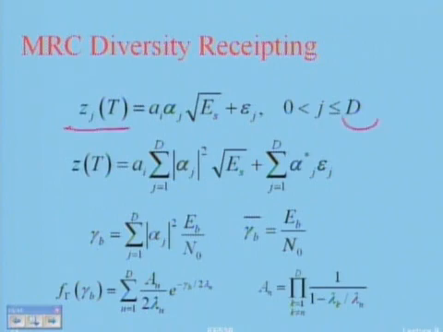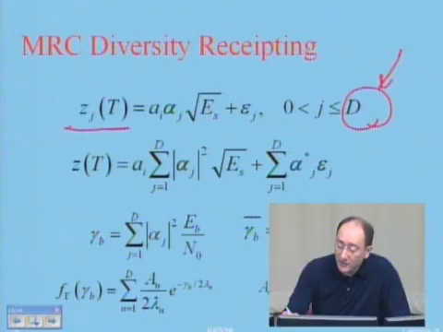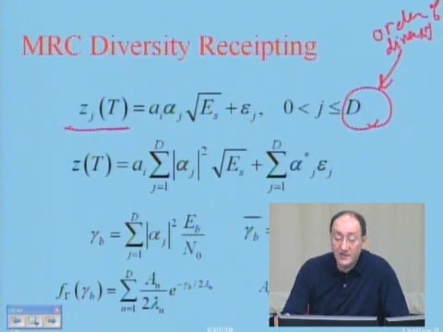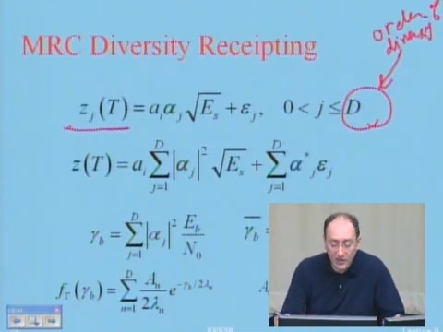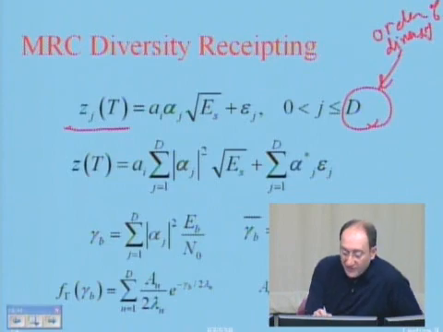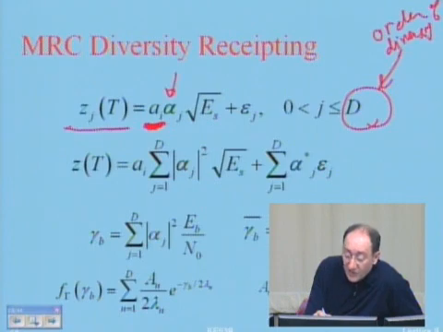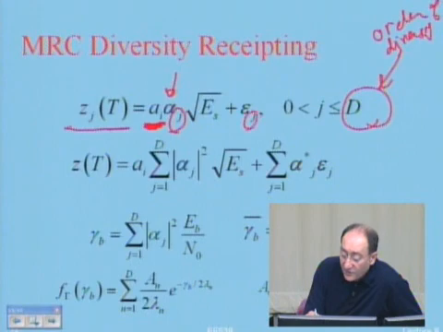If I have a diversity order of d, it means that I have d branches. Each branch is receiving the same symbol A sub i, but with a different constant α sub j and a different noise, and the same E sub s. This is what I receive.